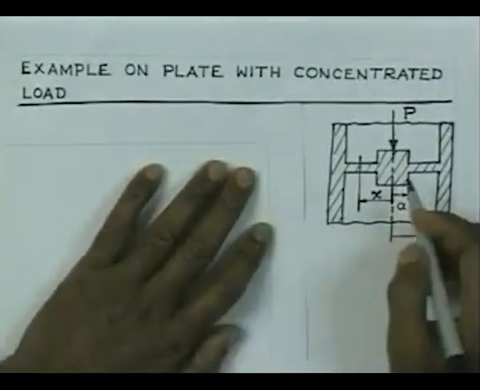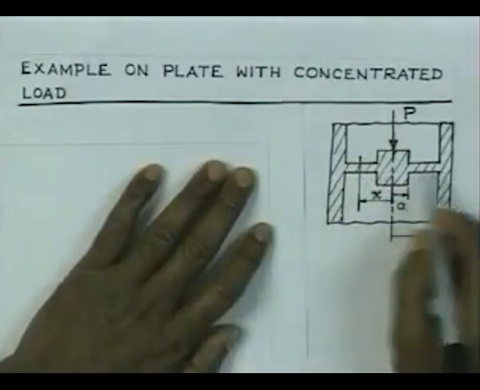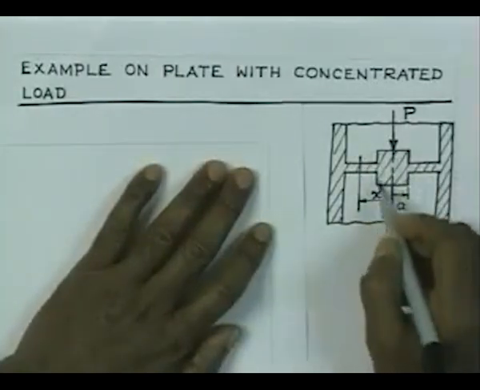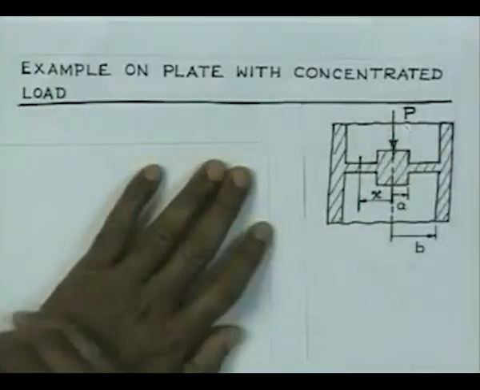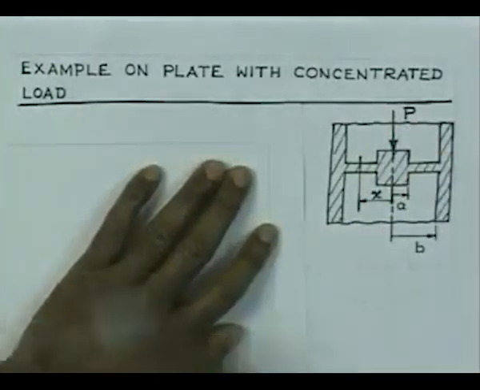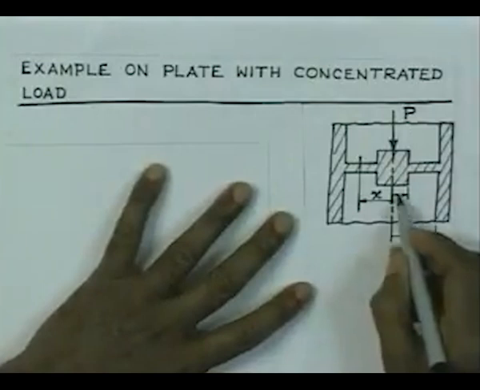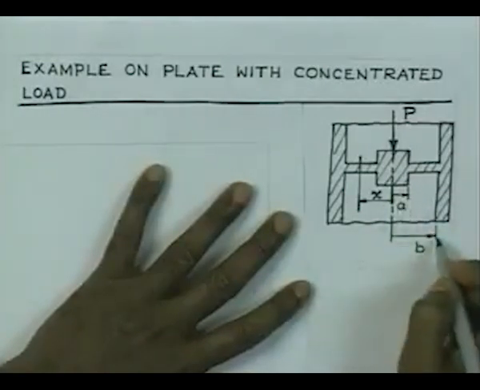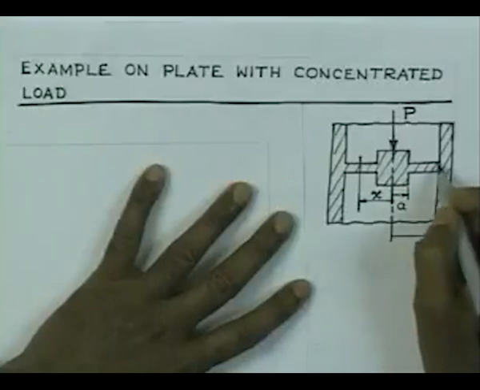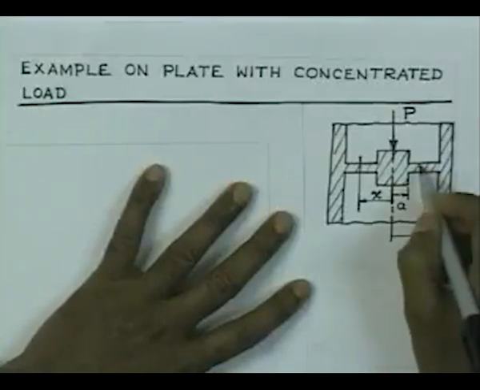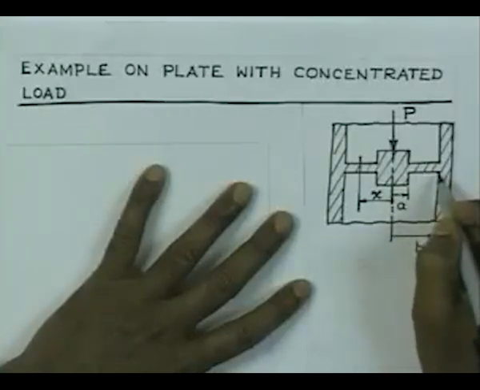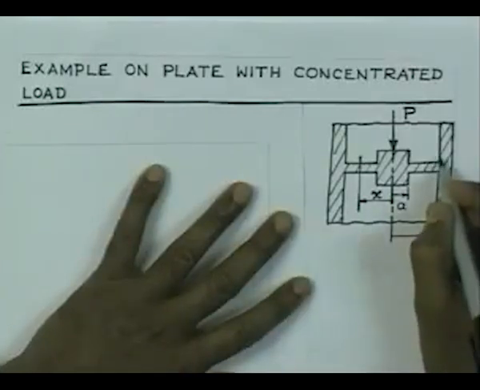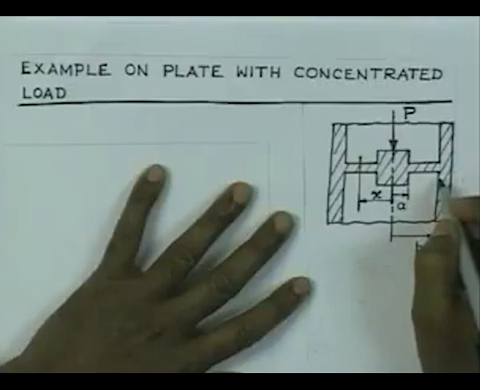We have a cylindrical shell, and then we have the wall there, it can be a closure, and there is one boss, and on the boss some external load P is acting, and in this case the dimension here is A and the internal radius is B. So, since this dimension is very large compared to the height or thickness of the plate, we can consider that the condition here is nothing but a clamped condition.